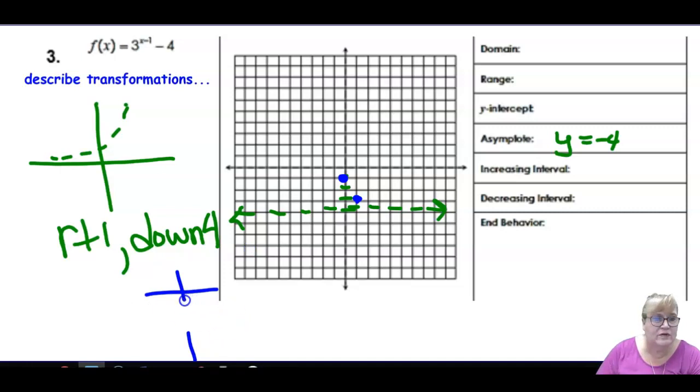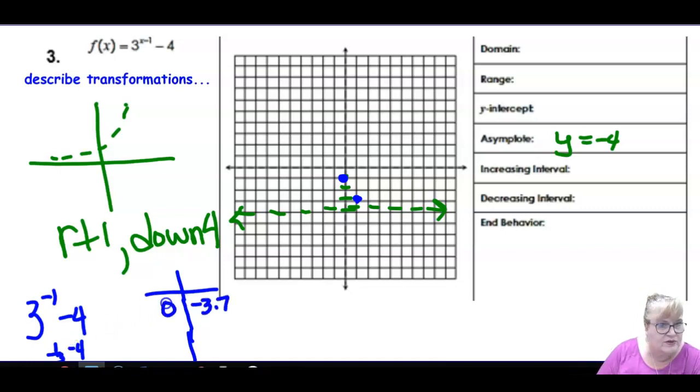Won't be the last time. Okay, so I put a 0 in. I have 3 to the negative 1 minus 4, which is 1/3 minus 4. Try to use my calculator real fast. 1/3 minus 4 is negative 3.7. So that was when I put a 0 in. All right, now I need to erase this.